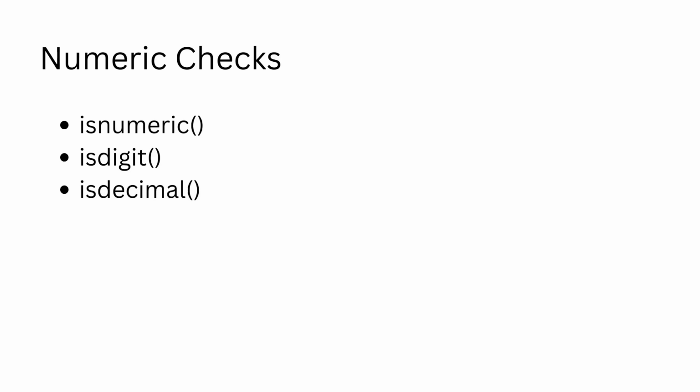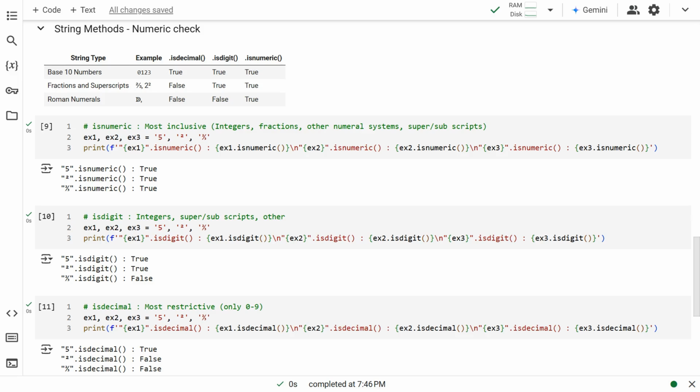We have 3 different methods to check if a string contains numeric characters. These methods help in checking if the string is composed of specific numerical characters. Let's look at some examples. Of the 3 methods, isnumeric is the most inclusive. It recognizes decimal characters, fractions, superscripts, subscripts, and other number systems, like Roman numerals and Arabic Indic numerals.